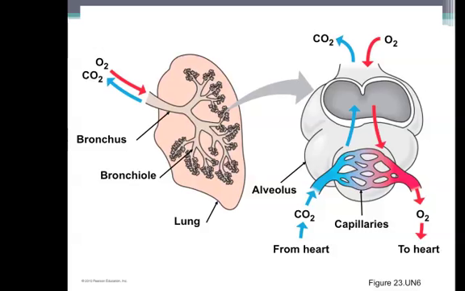And you could see alveolus is the singular for alveoli. Alveoli are the bunches. And here, again, I am showing how close the capillary network is for the exchange to occur. And the alveolus is hollow inside.